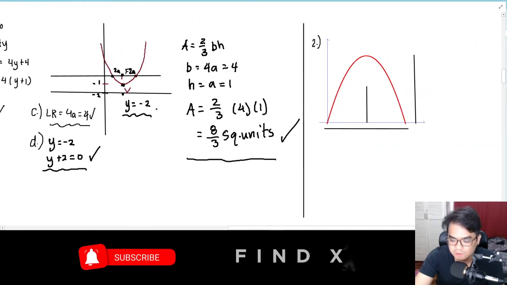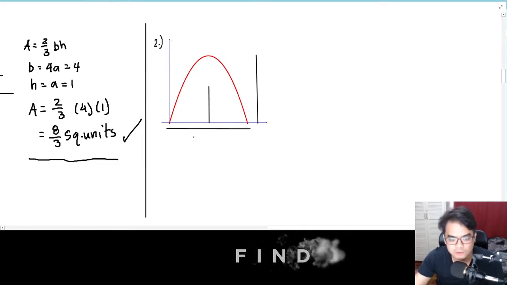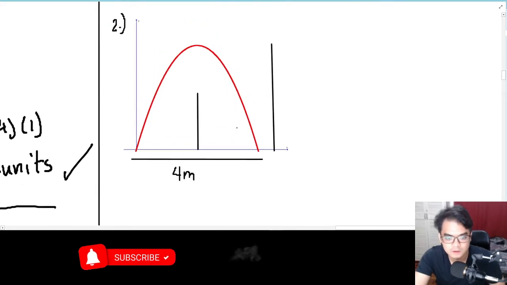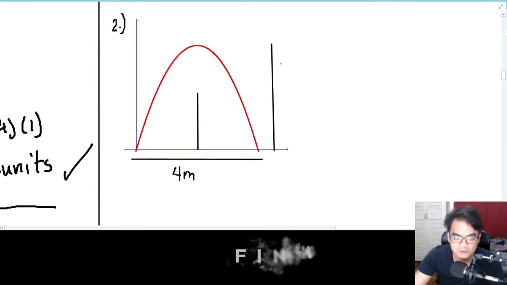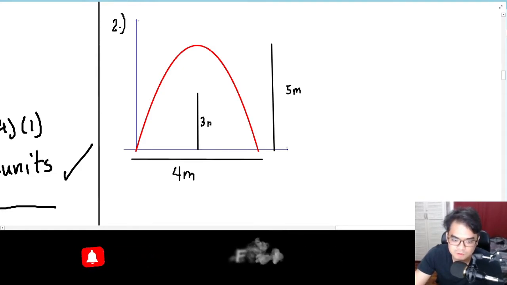Okay, so we have 4 wide. So let's say I already drew the parabola. So for number 2, we have here 4 meters. And then the height of the parabola is 5 meters. And we are asked to find 3 meters from the base. So if this is the base, this is the 3 meters.